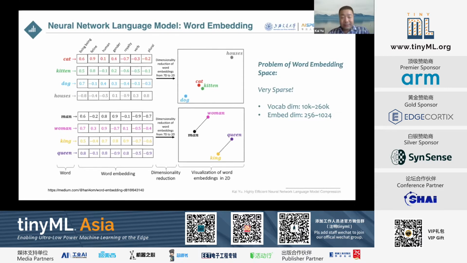But what caused this problem is actually the so-called word embedding. When we do the prediction, one thing we cannot ignore is that we have to have a vector for each possible word. That means for a vocabulary of 120K, we need to have 120K vectors. Each vector is a distributed representation of a word, which means it's a vector with real values.